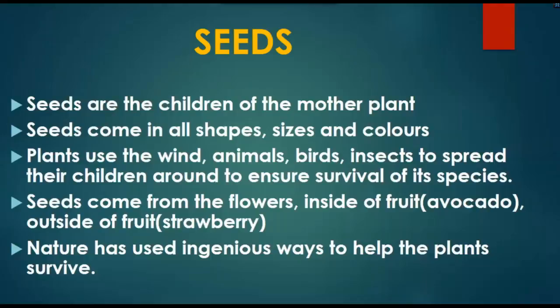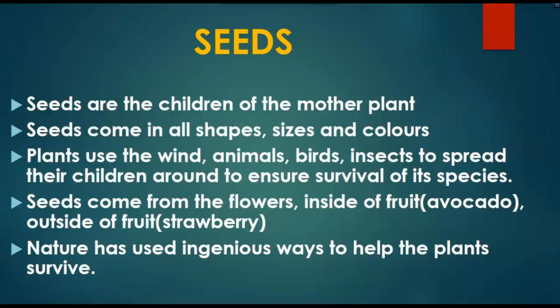And so nature, together with the plants, has found ingenious ways to ensure that the plants survive. And we see this with the wind and the animals, and even birds taking seeds over long distances and dropping them. So there's a huge harmonious relationship between the plants and nature, everybody working together to ensure that the plants survive.